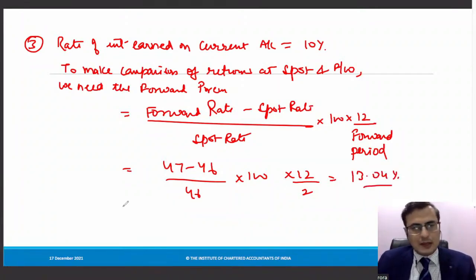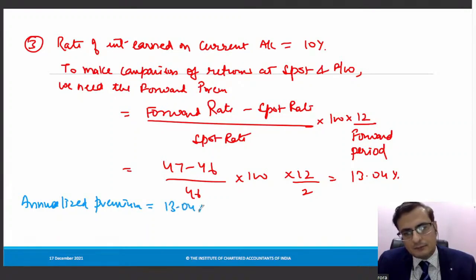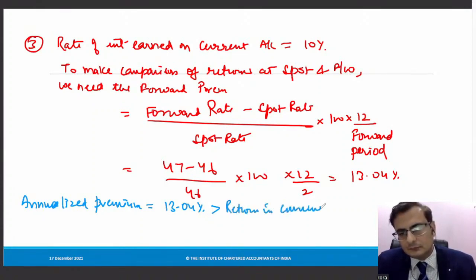So the annualized premium is 13.04, which is greater than the return in the bank account, that is 10%.